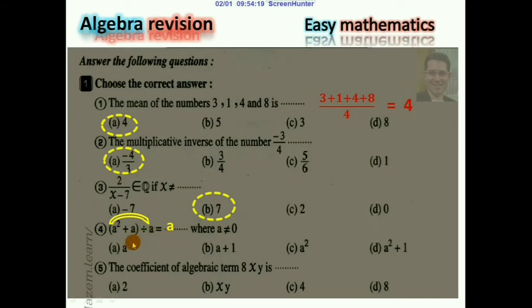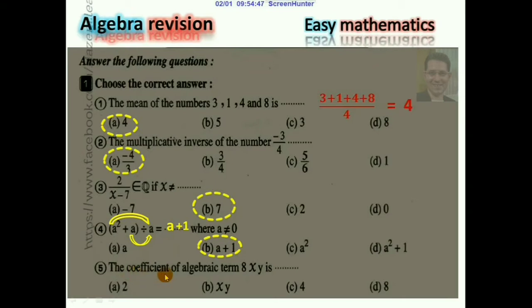By doing the same, we divide the second one, positive 1a divided by 1a, it will be equal positive 1a power 0. So we can ignore a power 0, but we must write here plus 1. In this case, if we haven't any symbol, we must write the number. So the right answer here will be letter B.